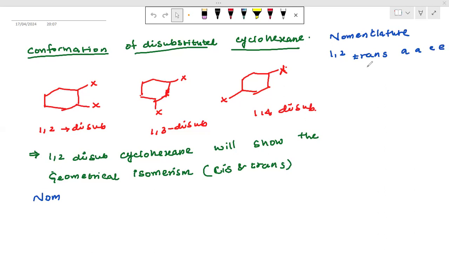Then the cis form: one is axial and the other is equatorial, or one is equatorial and the other is axial.